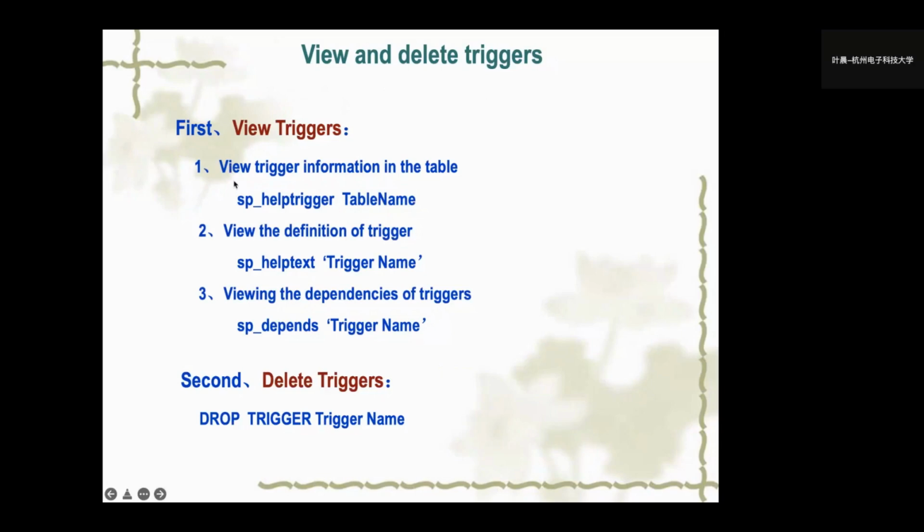First, if you want to view the trigger information in the table, you can write sp_helptrigger table name, and if you want to view the definition of a trigger, you can use sp_helptext trigger name, and if you want to view the dependency of triggers, you can use sp_depends trigger name. And if you want to delete the created triggers, you can use drop trigger and add the trigger name.